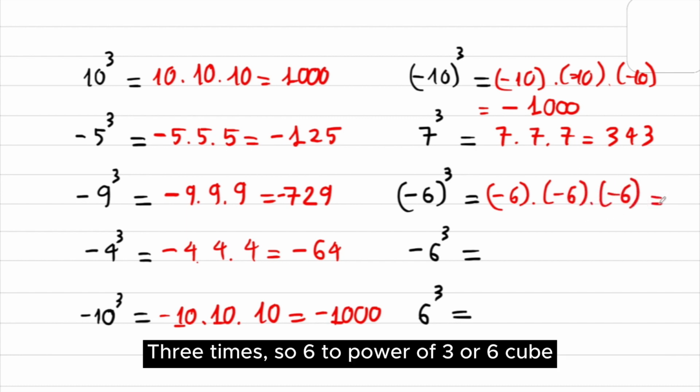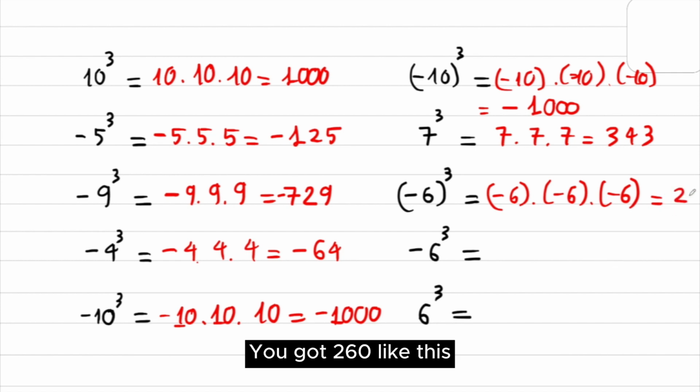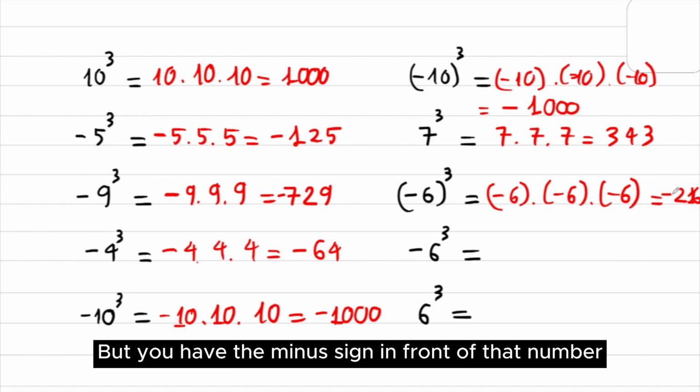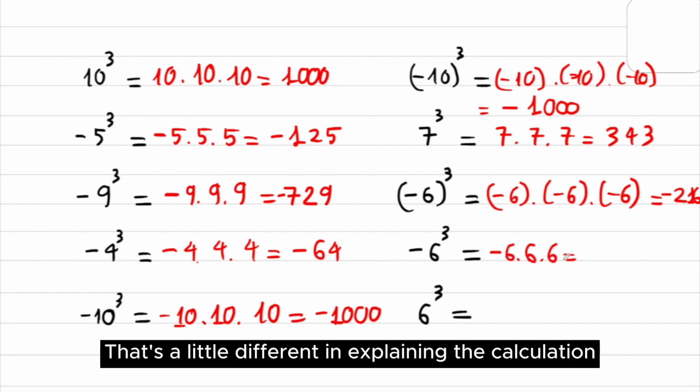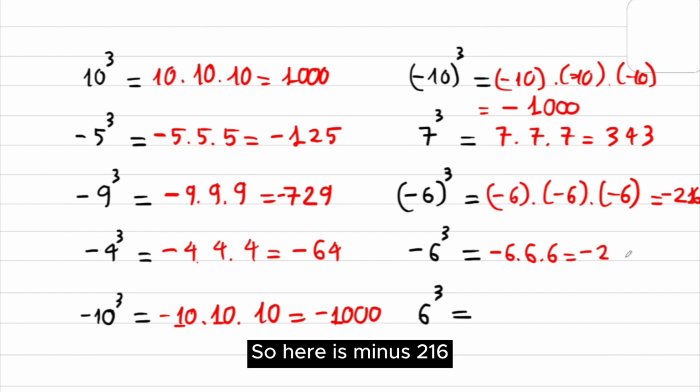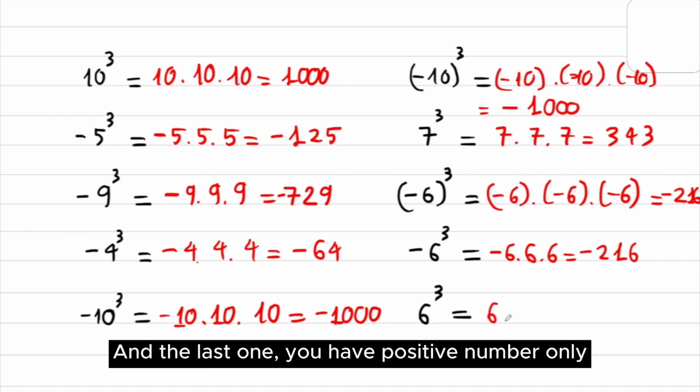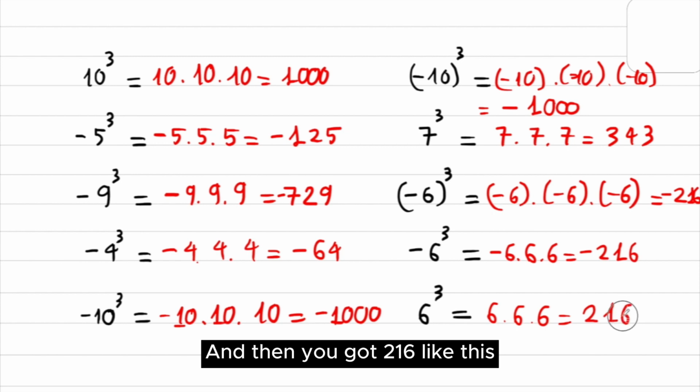So 6 to the power of 3, or 6 cubed, you got 216 like this, but you have the minus sign in front of that number. Okay, the same thing for this one. Minus 6 times 6 times 6. That's a little different in the explaining calculation. So here is minus 216. And the last one, you have a positive number only, and then you got 216 like this.